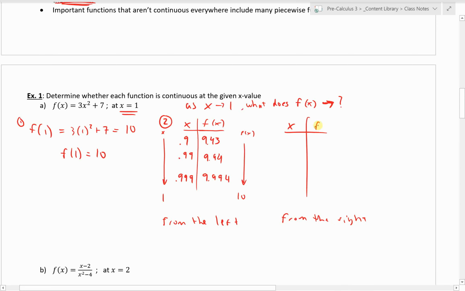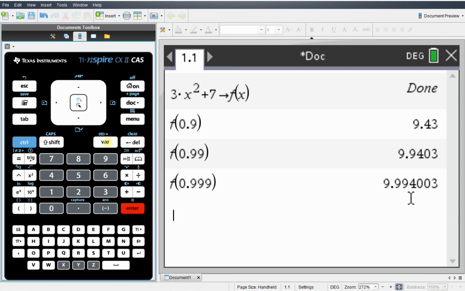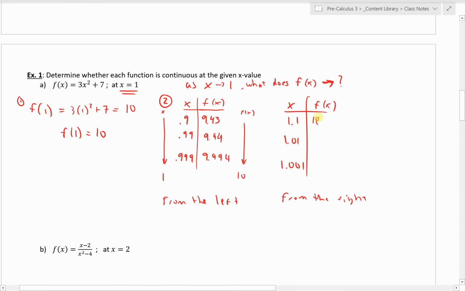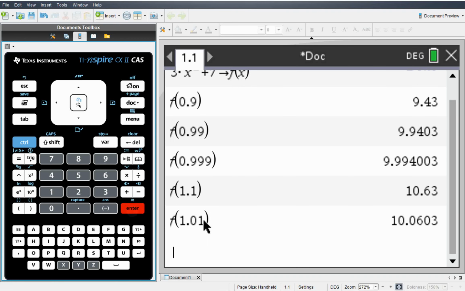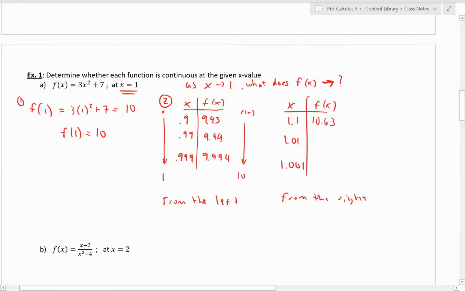So now I want to think about x values that are close to 1 but above it. So maybe 1.1, then 1.01, 1.001, and keep getting closer and closer to 1, and do the same substitutions here. So I'd have f of 1.1 equals 10.63. Then I can do f of 1.01 equals 10.06.